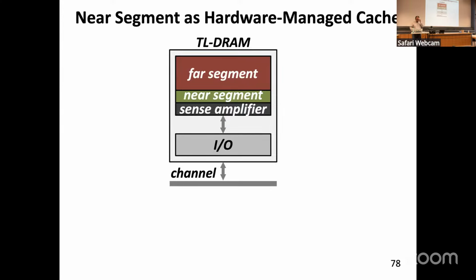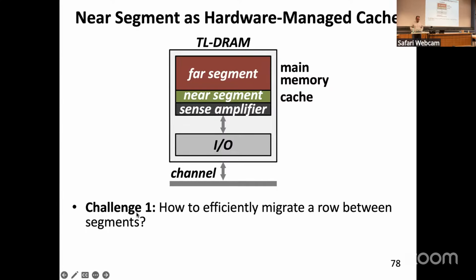So we have the far segment and the near segment, and we can consider this far segment as our main memory and the near segment as our cache. So the first challenge is how to efficiently migrate a row between segments. Any idea?